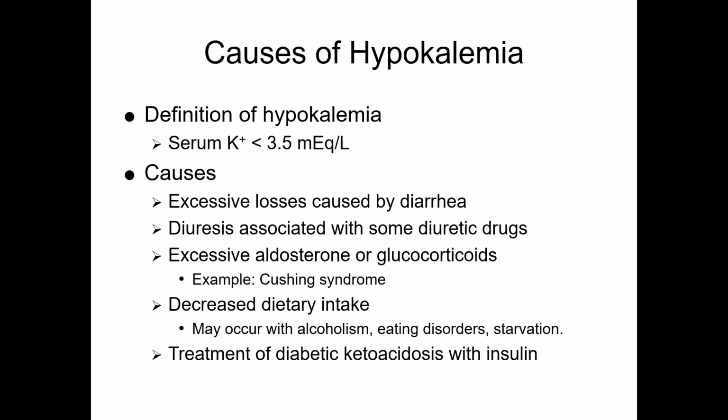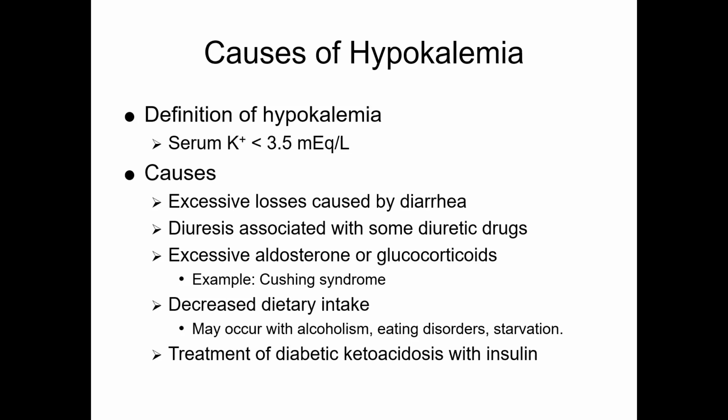The presence of excessive aldosterone or glucocorticoids in the body can occur. And that can cause also low potassium levels, and they'll develop something called Cushing's syndrome. Now, remember, a syndrome is a collection of symptoms.